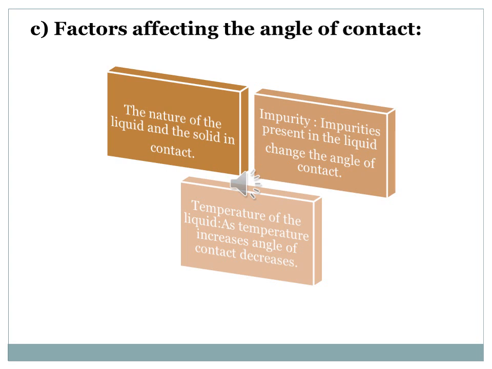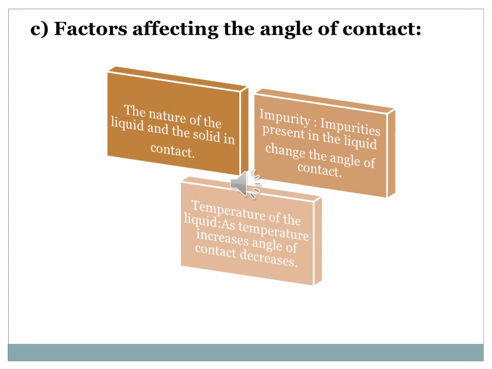So it affects the force of cohesion and adhesion. As the force of cohesion and adhesion increase or decrease, it affects the angle of contact. So when you add a soluble impurity in any liquid, surface tension goes on increasing.